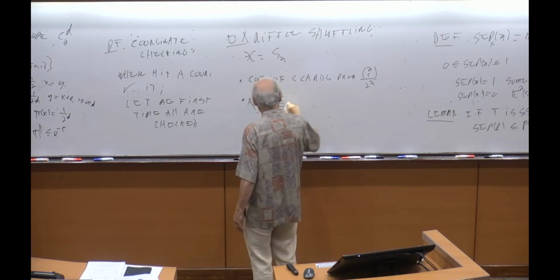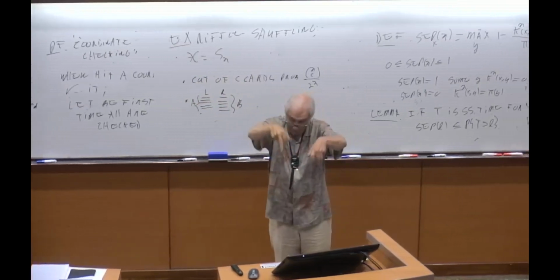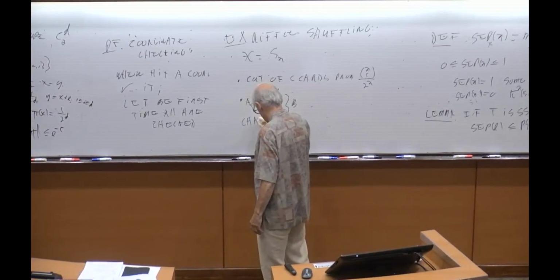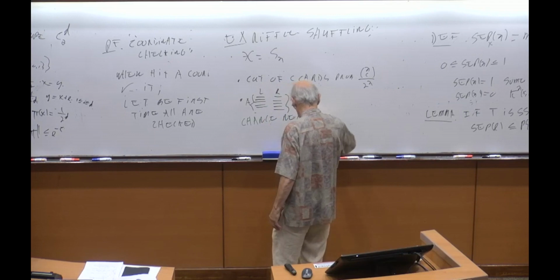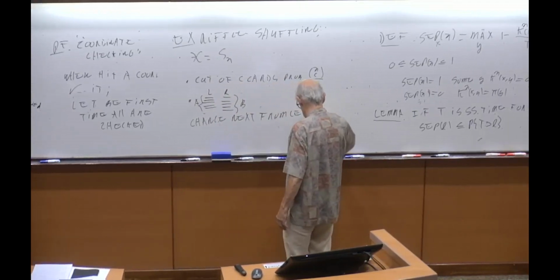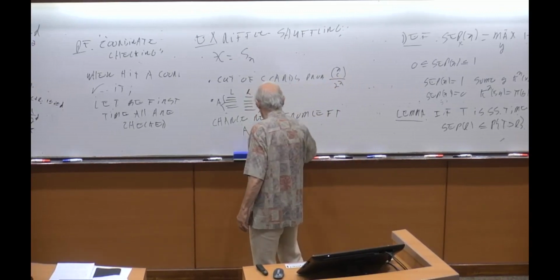If this has A cards and this has B cards, so I've cut the cards, I'm now dropping them with my thumbs. The chance that you drop the next card from the left is A over A plus B.